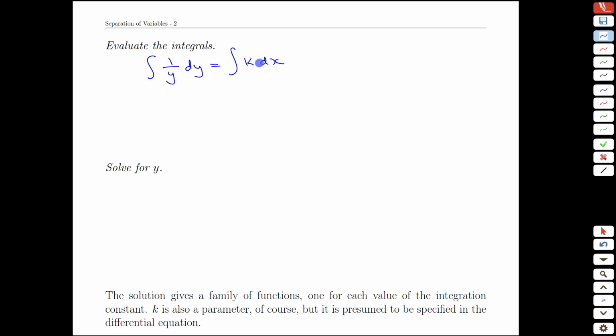So we have our two integrals. One of them is more straightforward. We end up with kx here. On this side, we have the ln of the absolute value of y, and we have two separate integrals here. It's worth noting that they both should have a plus C in principle. Let's call it plus C1 and plus C2. However, I'll show you the shortcut we always take in this process, which is effectively to move this to the other side.